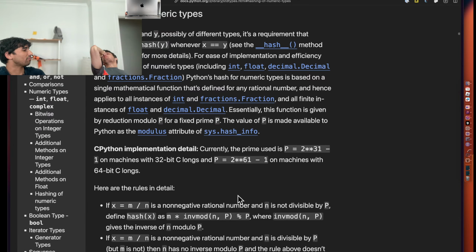Hashing is, I'm really struggling to overstate how important it is. What's the kind of thing that makes it really important?